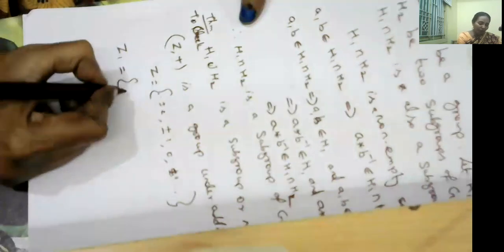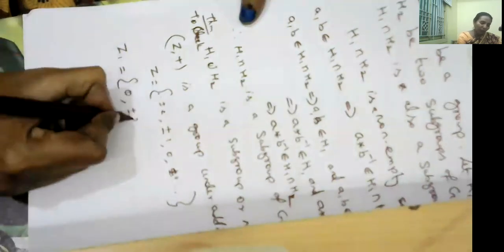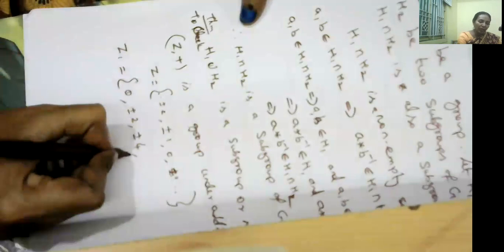This is the set. Now take two subgroups of capital Z. Set Z1 is the set of all even numbers, including 0, plus or minus 2, plus or minus 4, and so on.